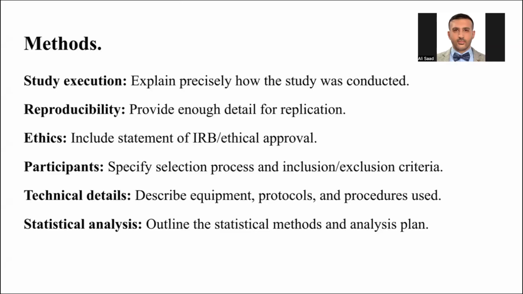For technical details, describe the equipment used, the protocols, and the procedure used. For example, if you are doing a paper about interventional cardiology, you will specify the type of stent, whether it's one stent or two stents, what type of stent has been used, the place of stenting, the company, and the software used, for example, for echocardiography.